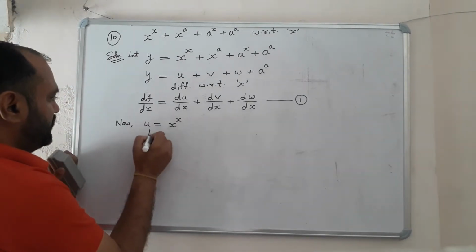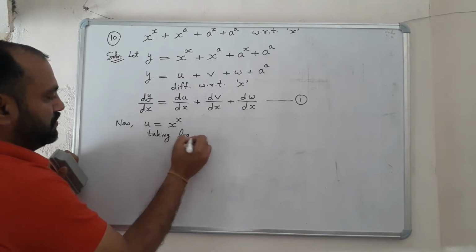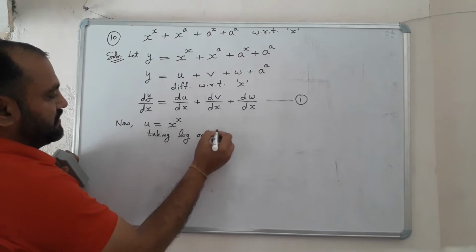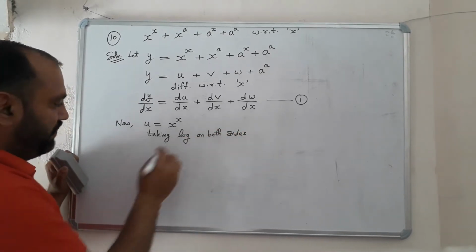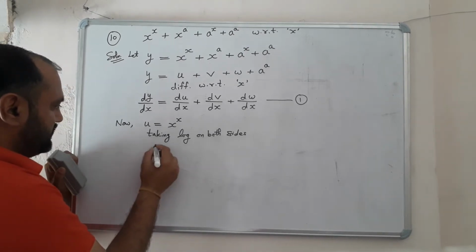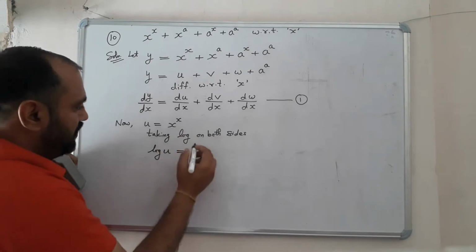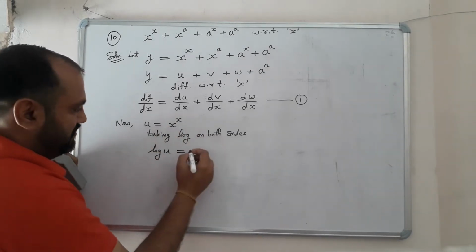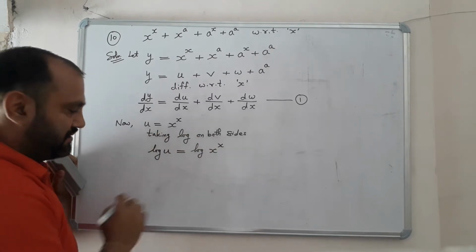So taking log on both sides, this is log u is equal to log x raised to the power x.